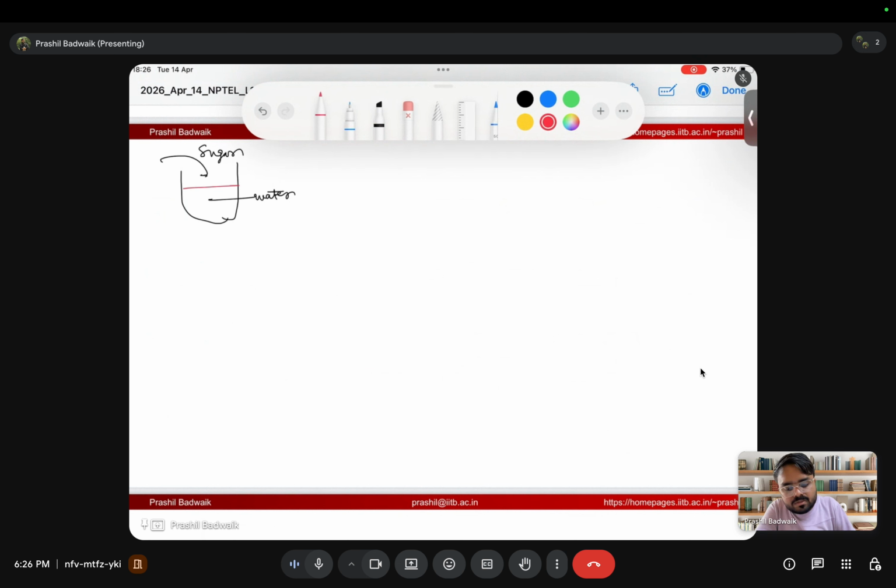And I'm seeing what is the maximum capacity. So I will do computer simulation. That means I will solve a mathematical equation, right? And I'll get some property. For example, I got 0.2 gram of sugar can go in 1 gram of water, for example, right?